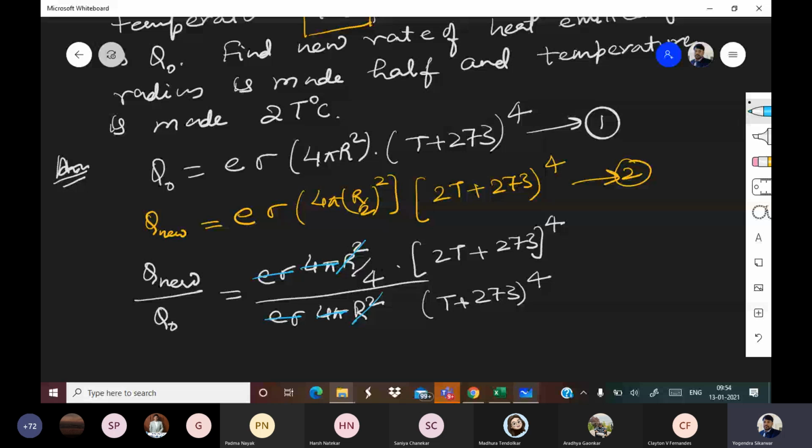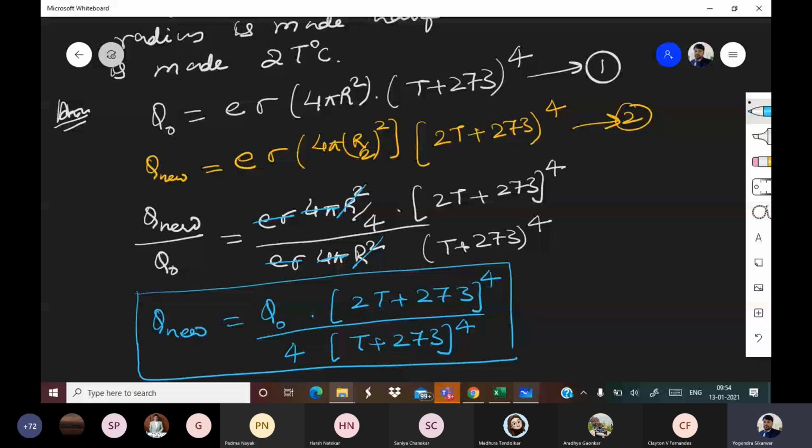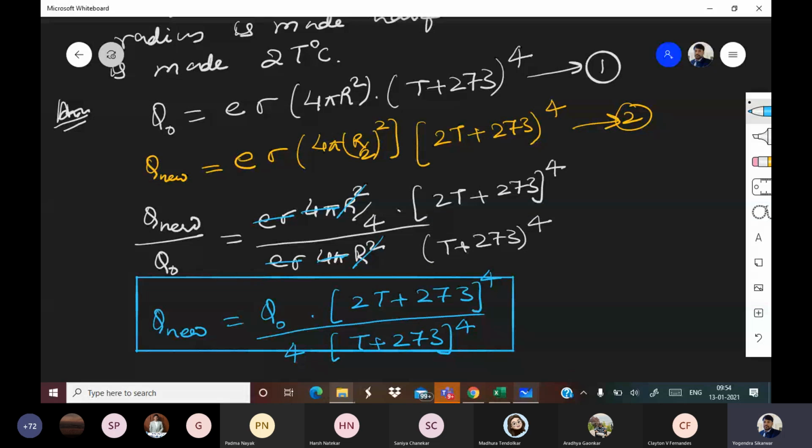Q new is equal to Q naught into (2T plus 273) to the power 4 upon 4 (T plus 273) to the power 4. Okay, that is the answer.